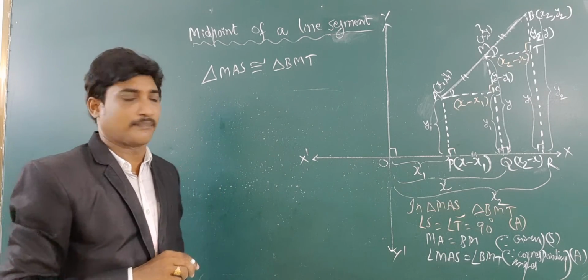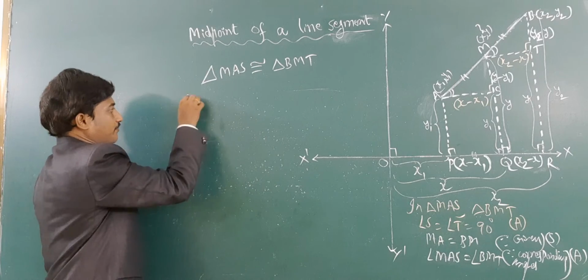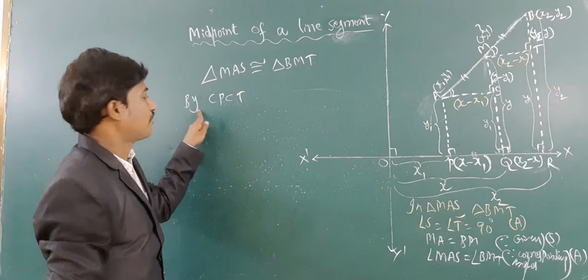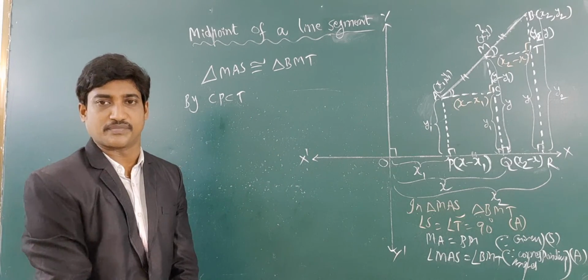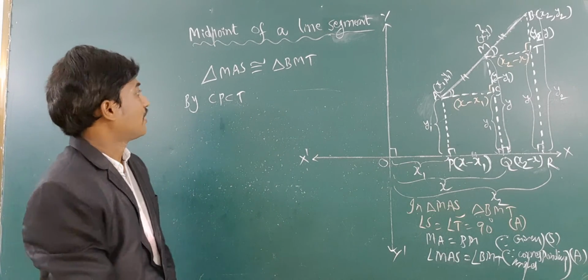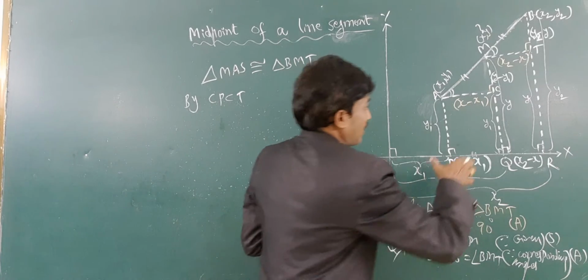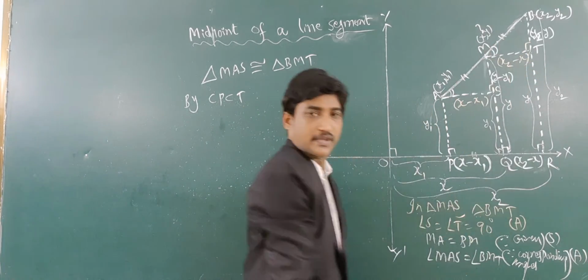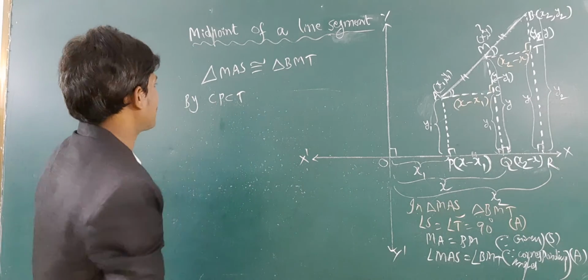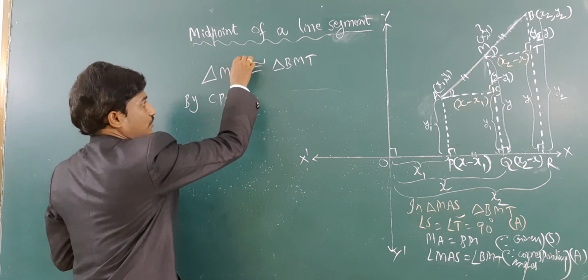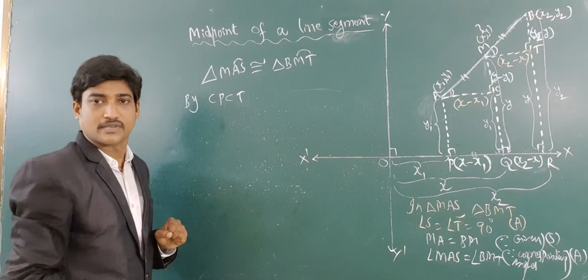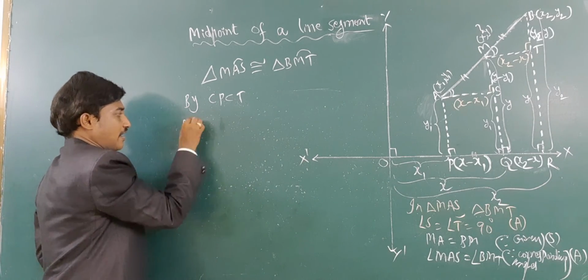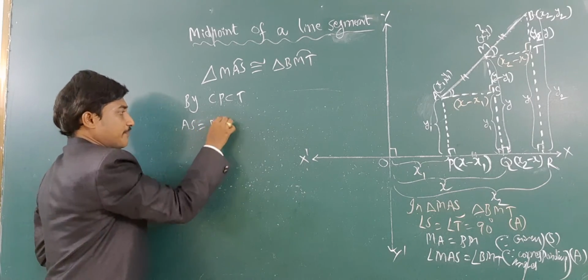By CPCT, corresponding parts of congruent triangles are equal, so AS is equal to MT. AS and MT are corresponding sides.